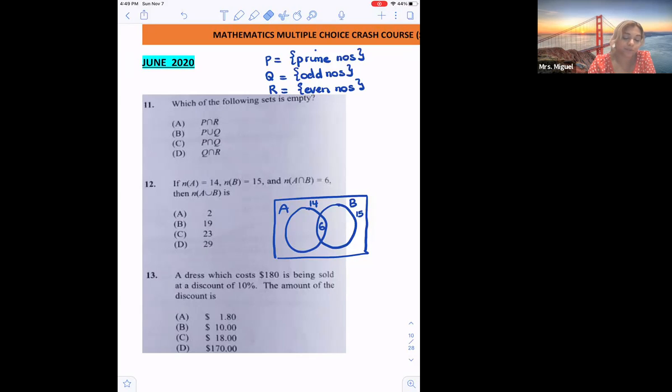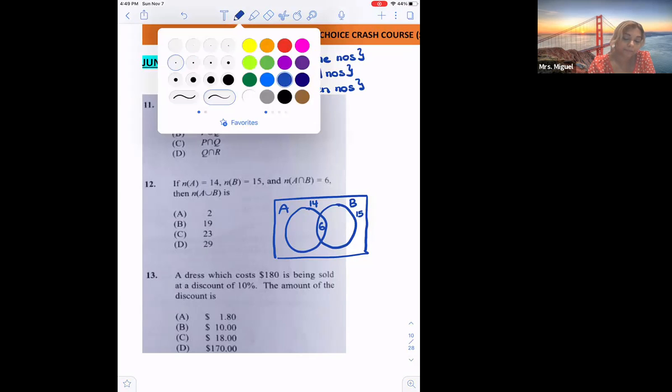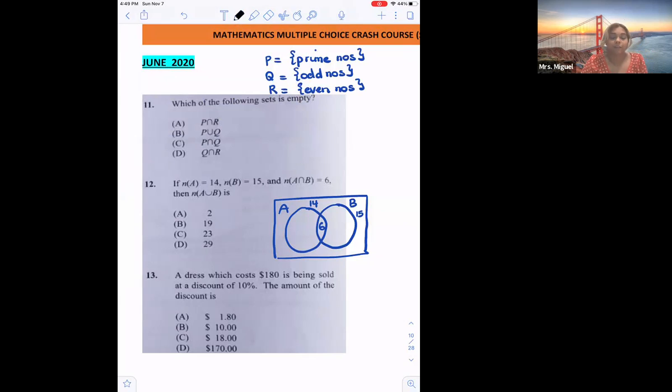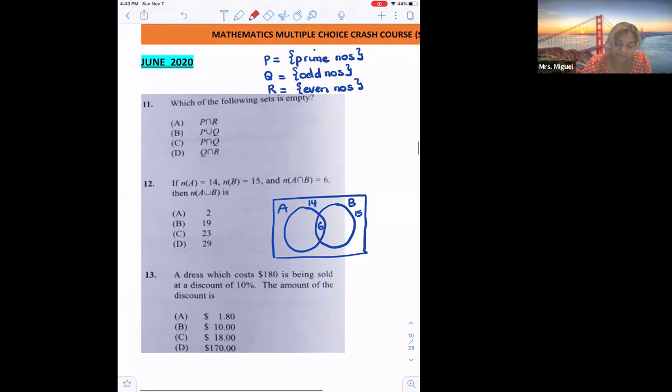All right, let's see what you all have. For question 12, if this part of the circle is 6 and the whole circle representing A is 14, then the outer part will be 14 minus 6, which is 8.